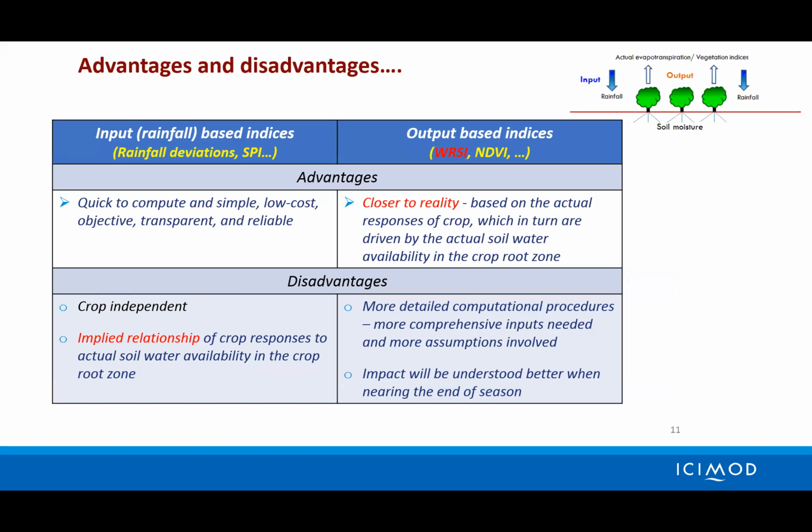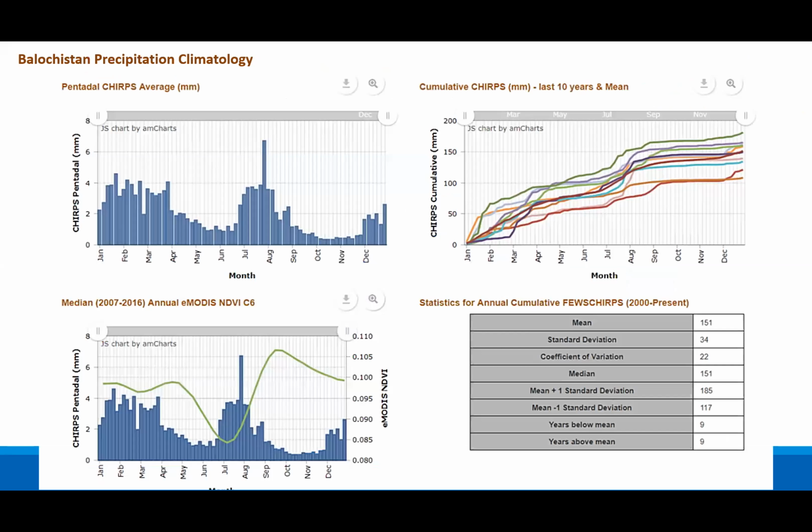Input indices are quick to compute, but they are crop independent, so you cannot be crop specific, while the output based indicators are closer to reality but a little bit complex to compute.